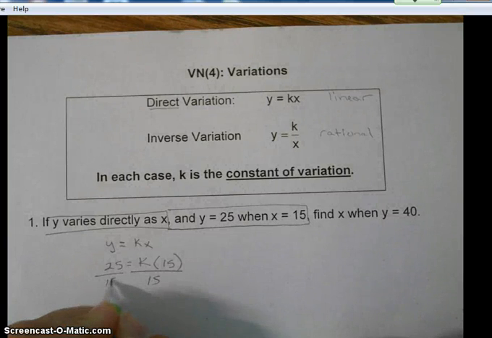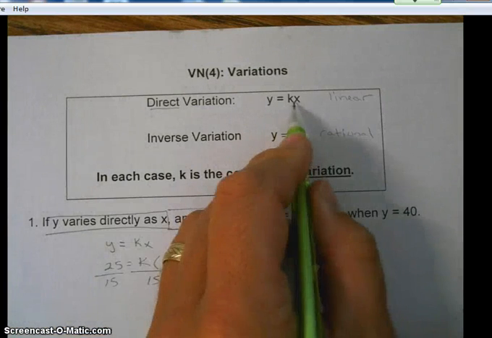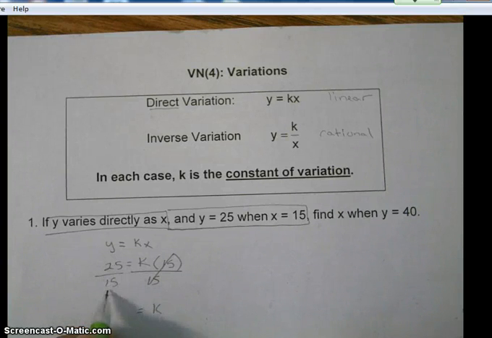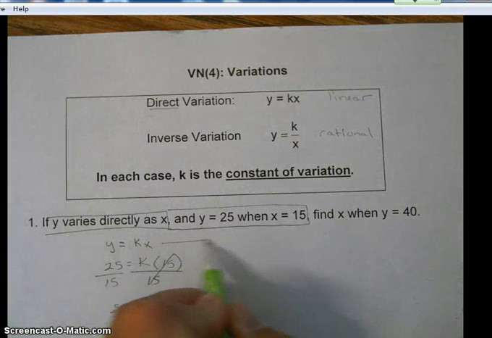Now remember, since it's a direct variation, k is our slope. So we do want to leave this in fraction format. So 25 over 15 is going to reduce down to 5/3.